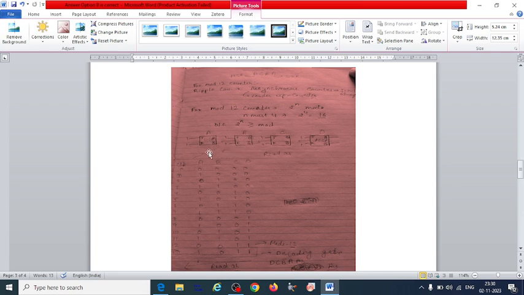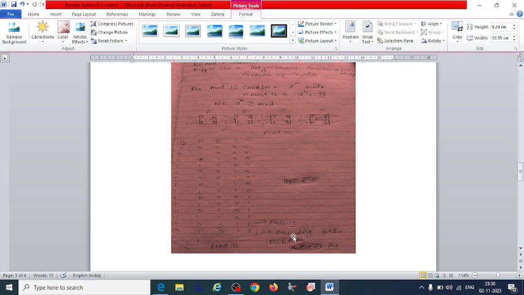Then if we have the diagram like A, B, C, D, the input J and K, output Q and Q bar. So A, B, C, D we should write in decimal, binary code 0, 1, like that.